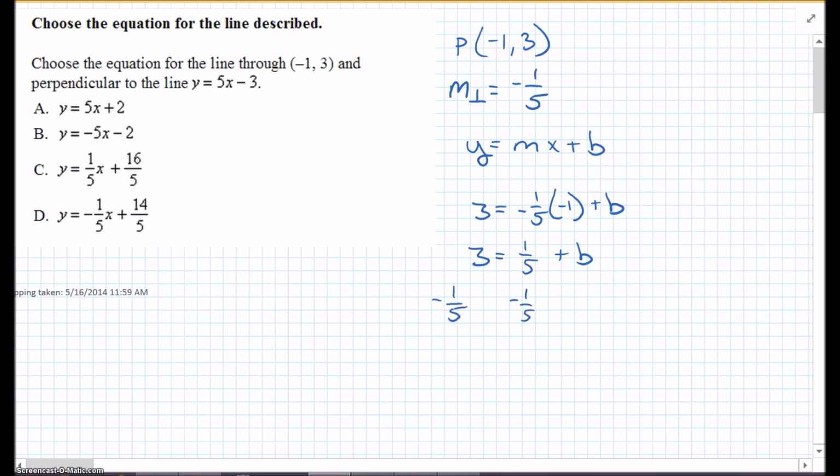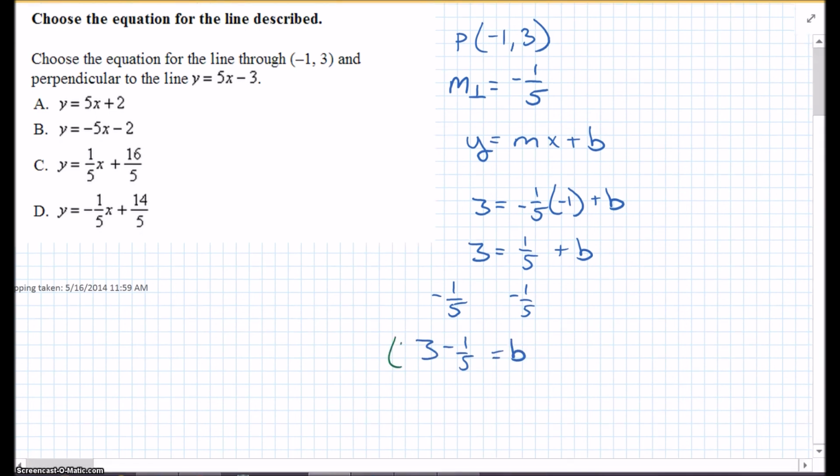Okay. So I'm going to have 3 minus 1/5 equals my b value. So to get 3 to have a denominator of 5, I'm just going to multiply the top and bottom by 5. So I'm going to get 15/5 minus 1/5 equals b. So my b value equals 14/5.